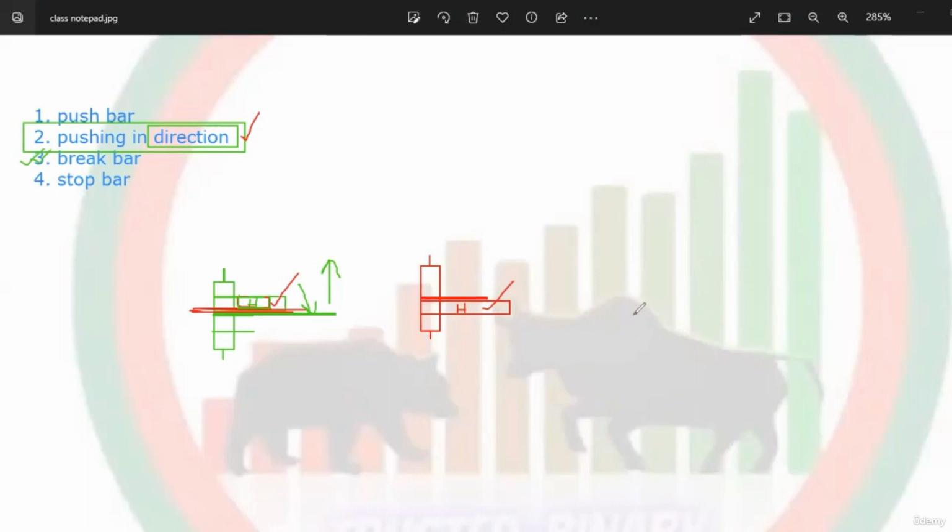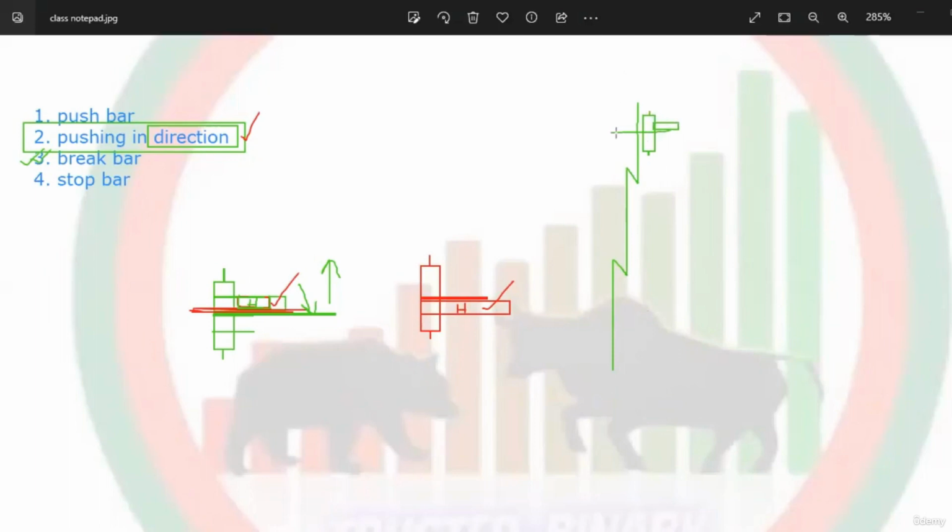So in the case of a very strong uptrend market condition, the level breakout happens by a strong bullish candlestick like this, and volume is high.